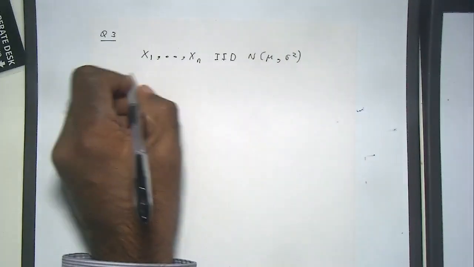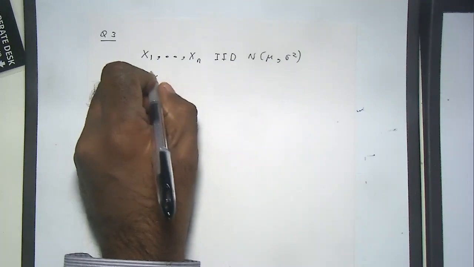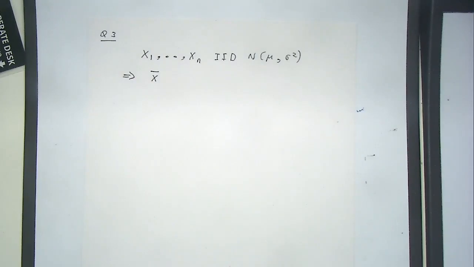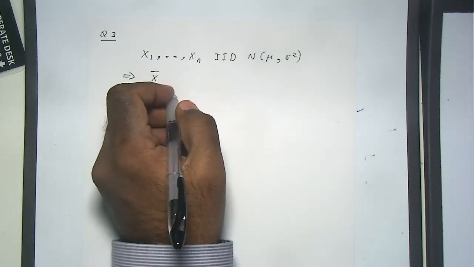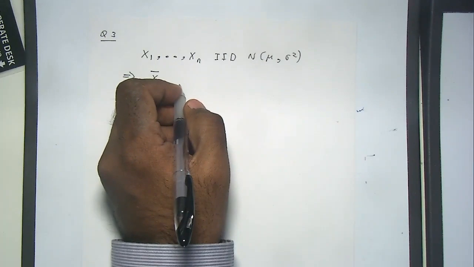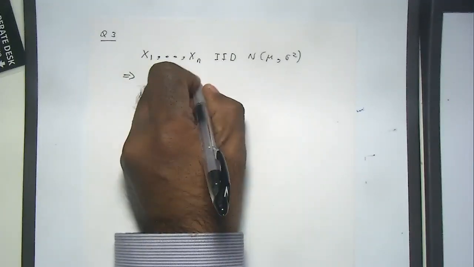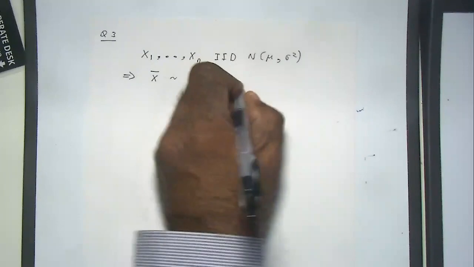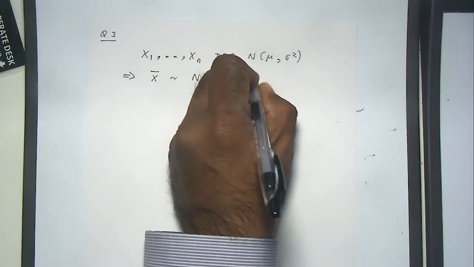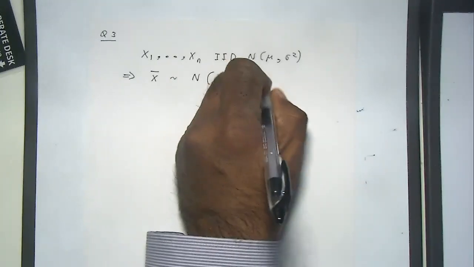Now, what does this mean? It means that x bar, the sample mean. Do you guys remember the formula I mentioned in the class? I mentioned this several times. X bar has a normal distribution with parameters mu and sigma squared divided by n.